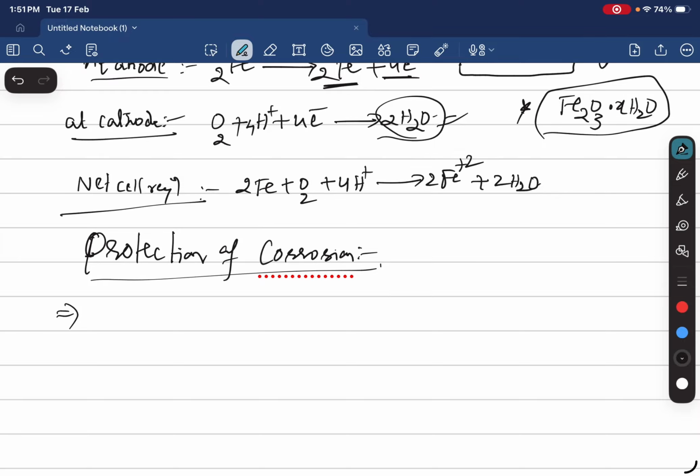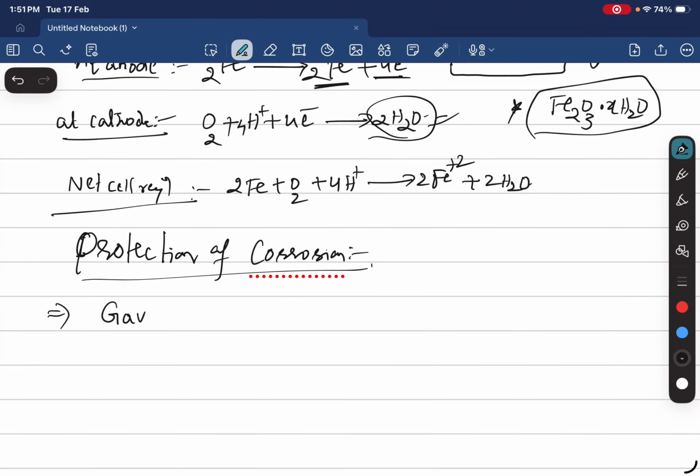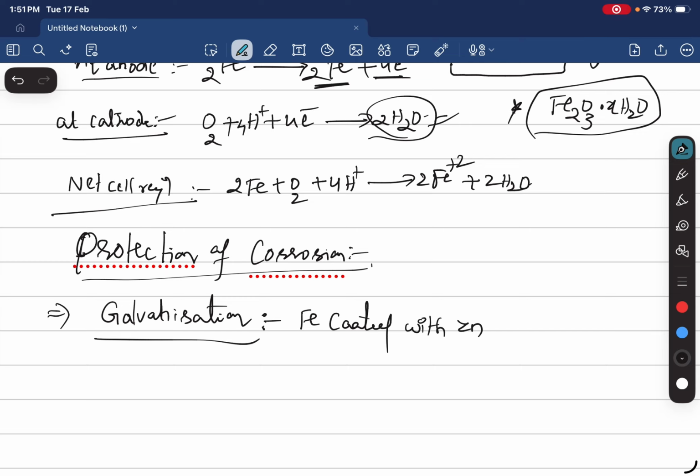That process is called the galvanization process. Iron is coated with zinc. So this is also called the sacrificial protection process. That means zinc is sacrificing for iron to prevent oxidation of iron. So Fe coated with Zn.